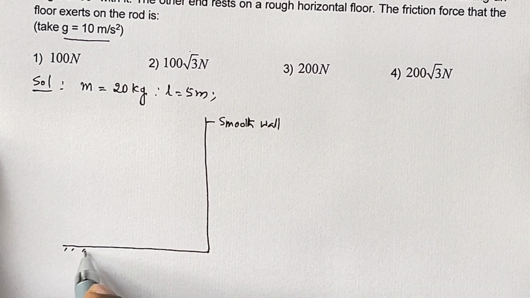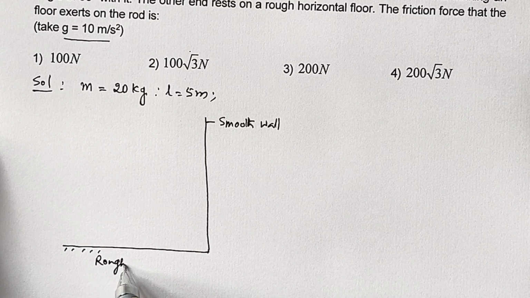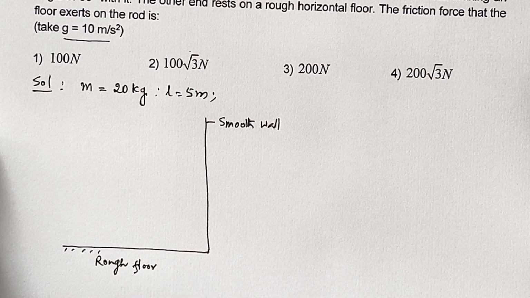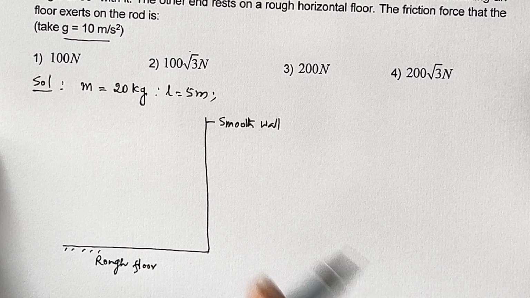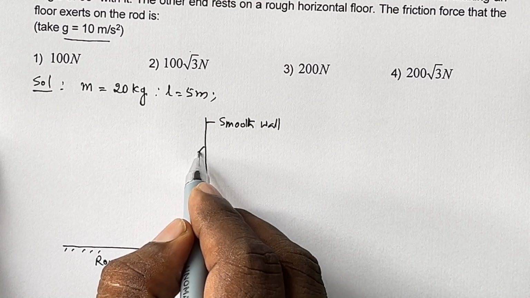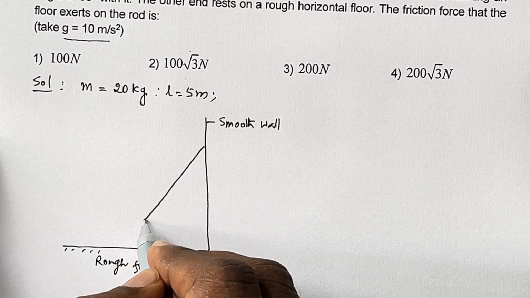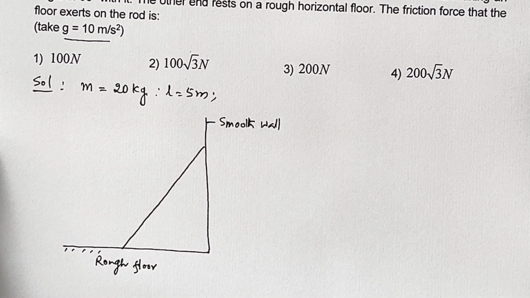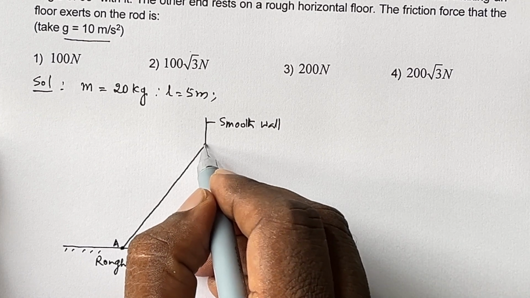This is a rough surface, rough floor. Here one ladder, one rod is placed. The rod is touching the rough surface at A and the smooth wall at B.